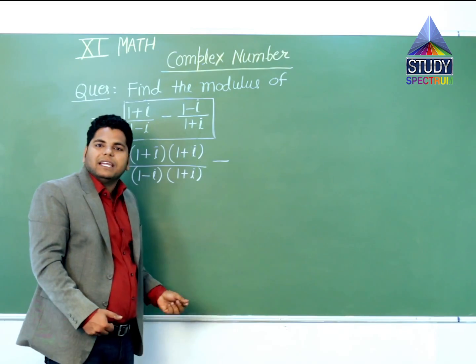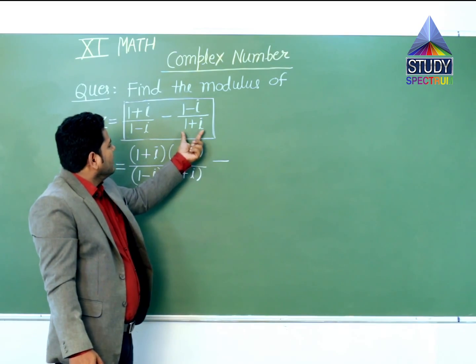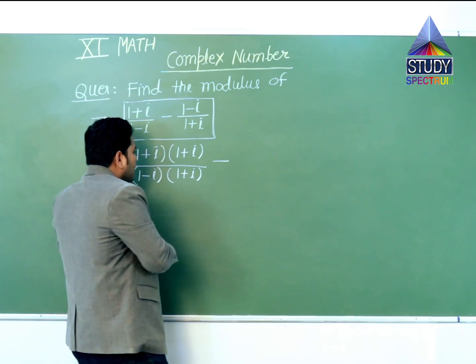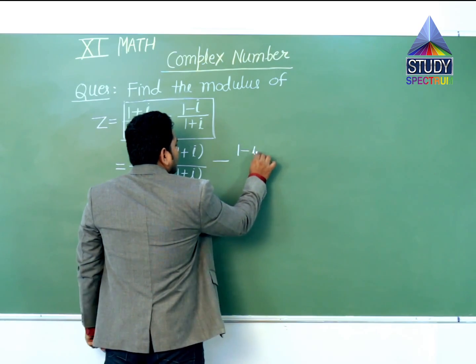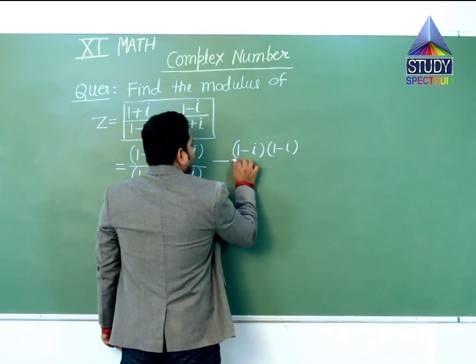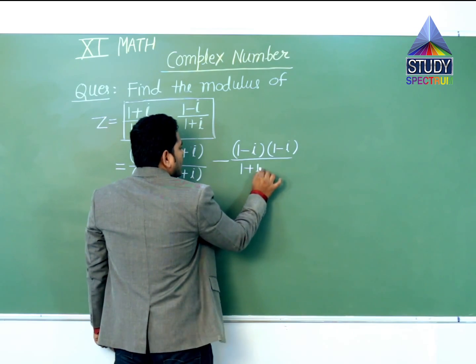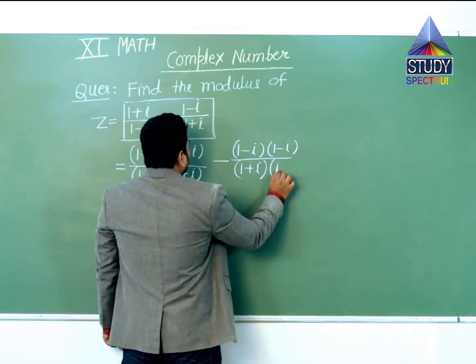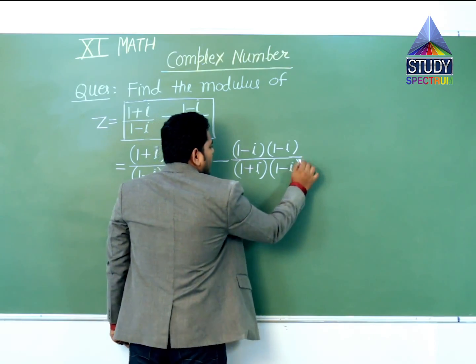It means we'll multiply numerator and denominator by 1 − i. So here: (1 − i) into (1 − i) upon (1 + i) into (1 − i).